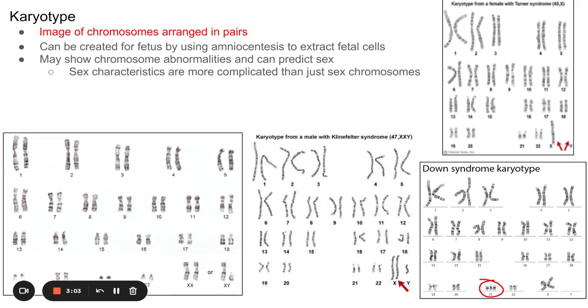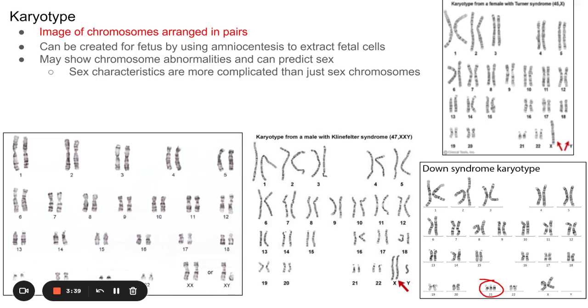But if we look at, for example, this karyotype, we could see things are as they should be, but then we look at chromosome number 21, and what we see is this individual actually has 3 21st chromosomes. Having an extra chromosome or missing a chromosome can present a whole host of different effects on a person as they grow and develop.